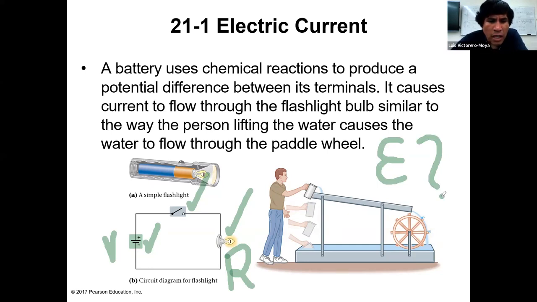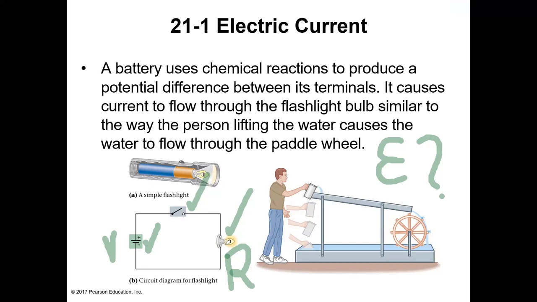But that's the theoretical value of the battery. If you use a voltmeter, especially if the battery is connected into a circuit, like here, you may read 8.8 volts, not really 9 volts.